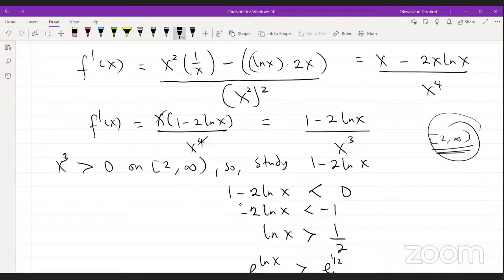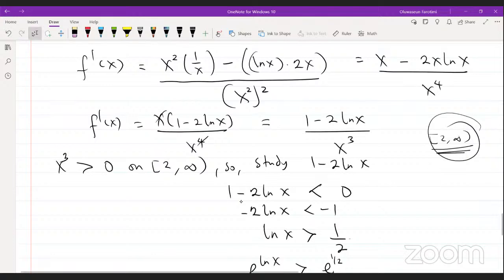So then I pick that guy, I study it. The question you're trying to answer is for what values of x will that guy be less than 0, okay?